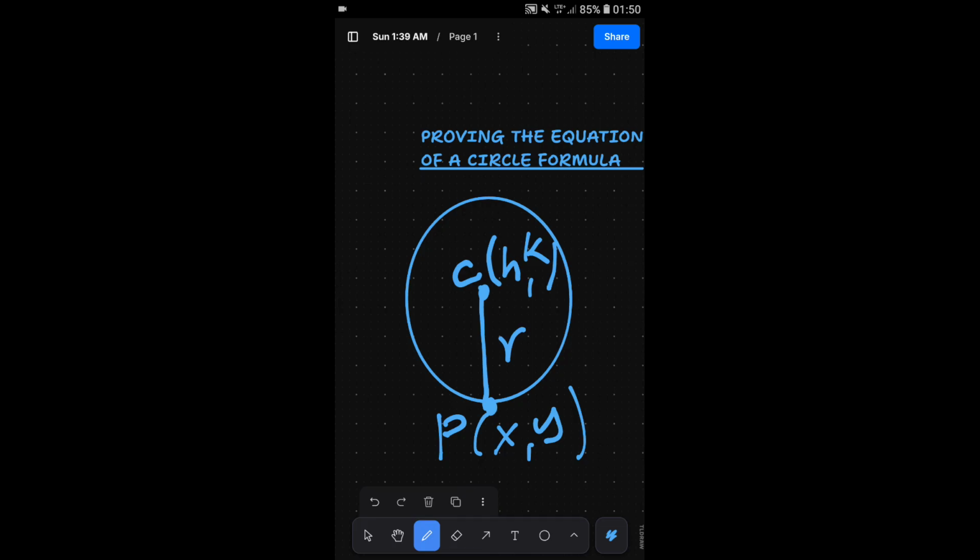Now we want to derive the formula for the standard equation of a circle, and we can do this simply by using the distance formula, like we saw from the Pythagoras theorem. So what is the distance between the points P and C? That's PC, right?